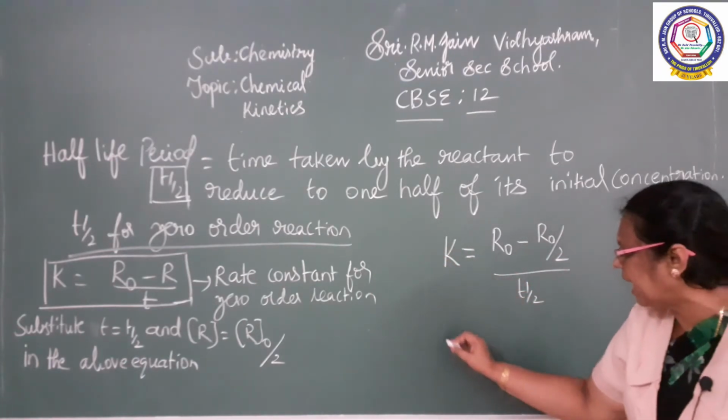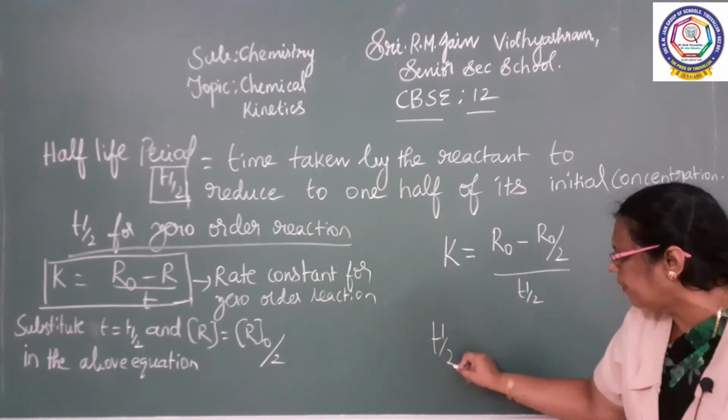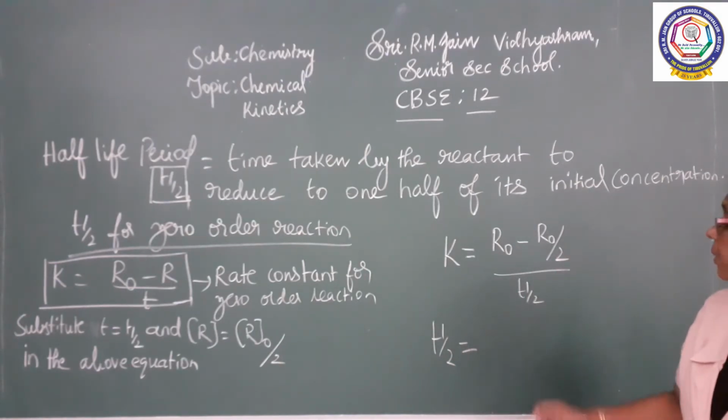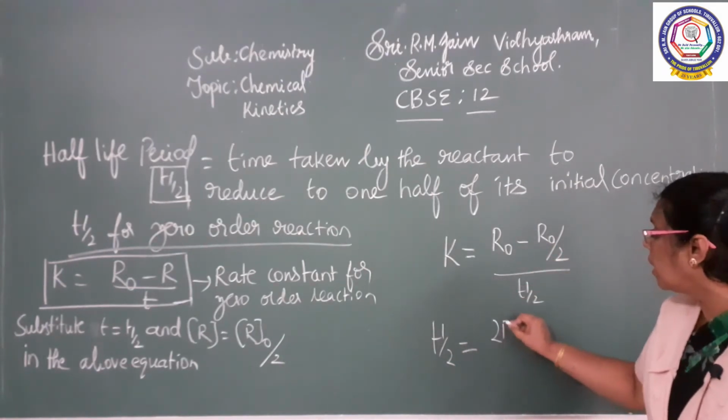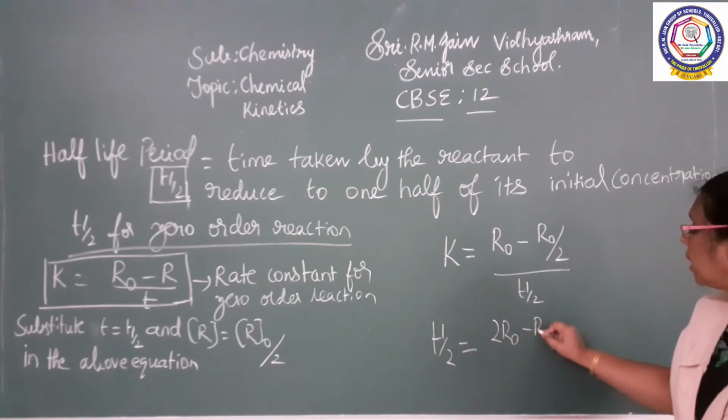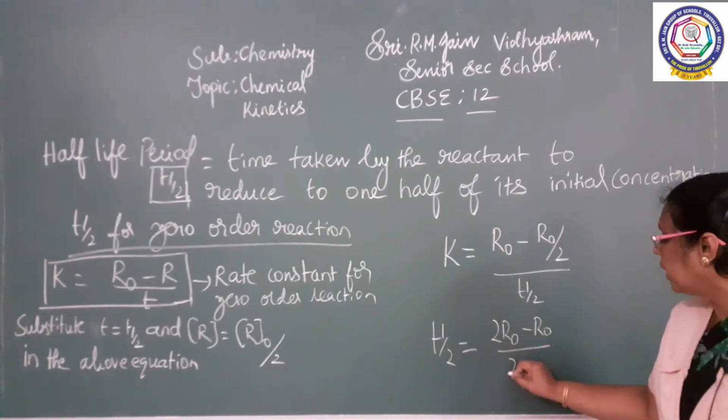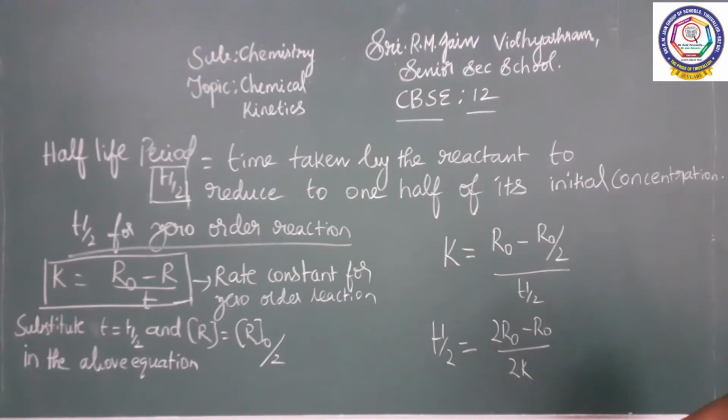T half can be taken to the other side. T half is equal to, taking LCM, 2 R naught minus R naught divided by 2K.